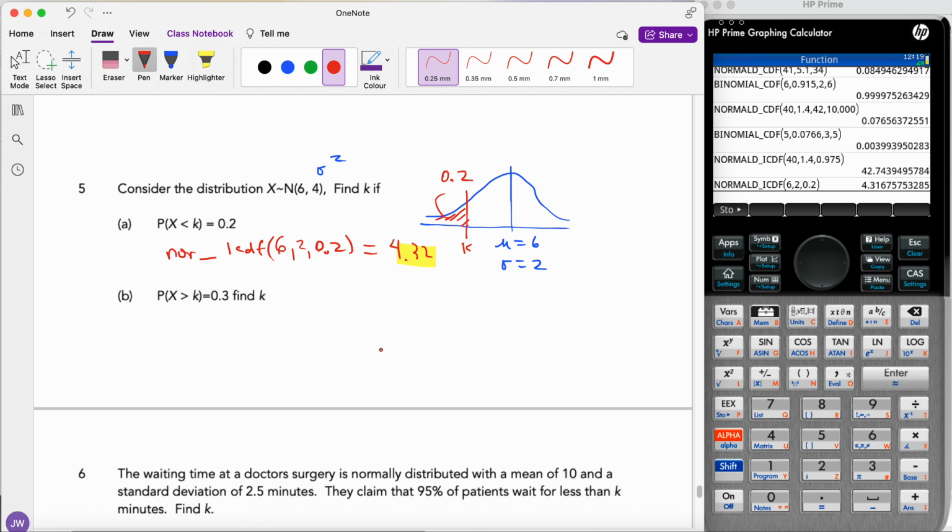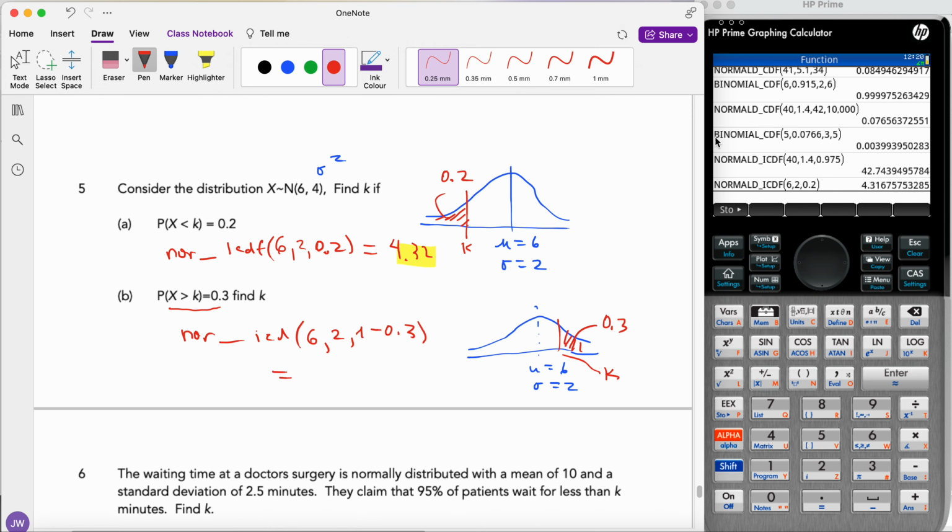Okay, last one. So what we're asked for here is to find k. So this is important, okay? If you're getting tired, too bad. Because here we are given that the probability of bigger than k is 0.3. But remember what I said, okay? The calculator always thinks from the bottom up, alrighty? Which means that what you're actually going to have to do when you put in your normal ICDF is we are not going to put 0.3, but we're going to put 1 minus that, 0.7, okay?